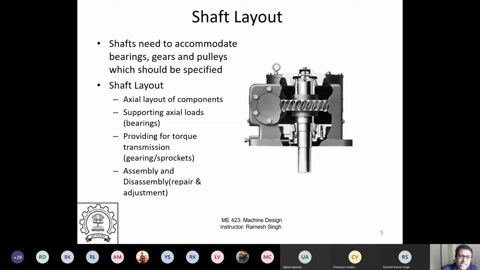Now, once you have made the shaft, you have to lay out the shaft in a certain fashion. The shafts will need to have a bearing because you have to support the shaft. So for supporting the shaft, you will need bearings.